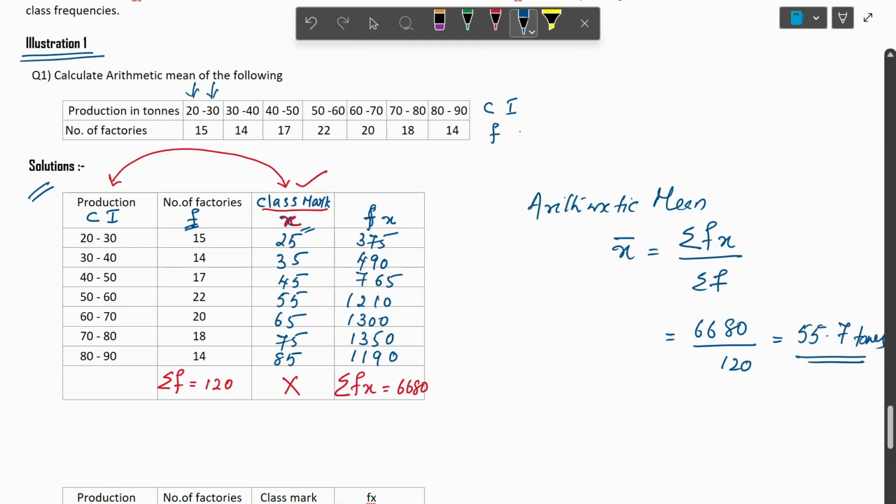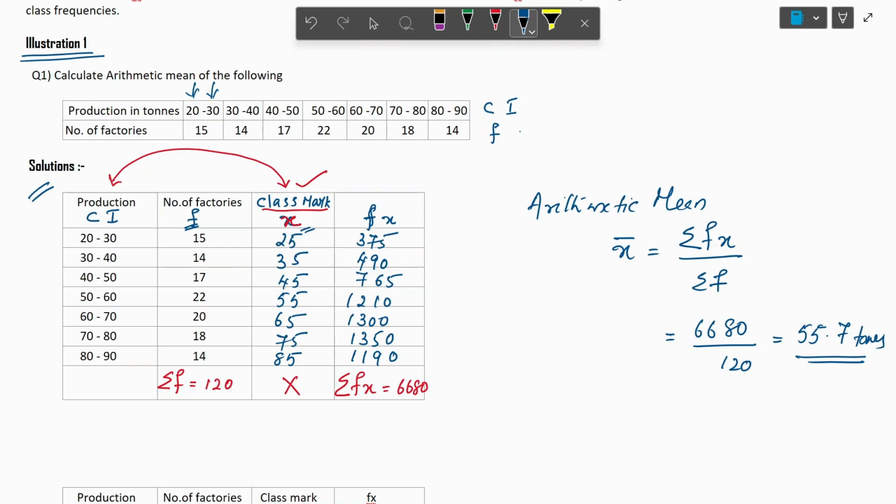So, we discussed three different data types, how to calculate the arithmetic mean for raw data, discrete data, and continuous data. First of all, you identify which data, then apply the formula. According to the formula, you are going to create the table. In raw data, it is very easy, just find the sum and divide by the number of observations. In discrete data, create 3 columns, and for continuous data, there is a 4 column table.